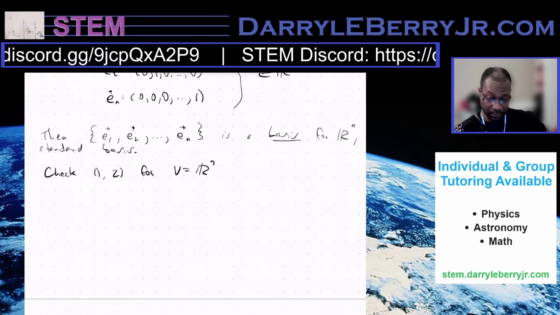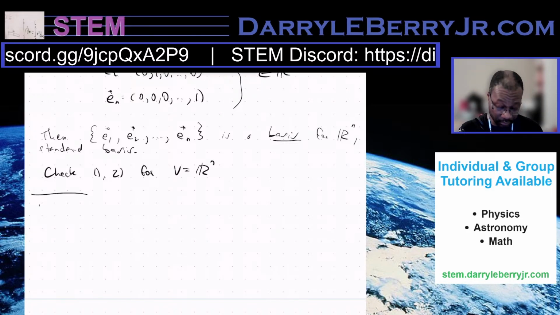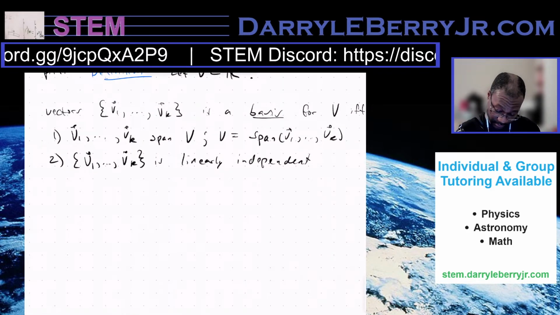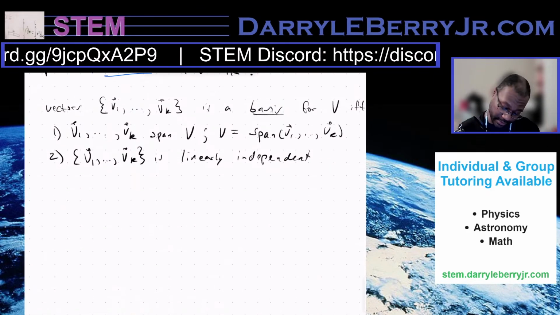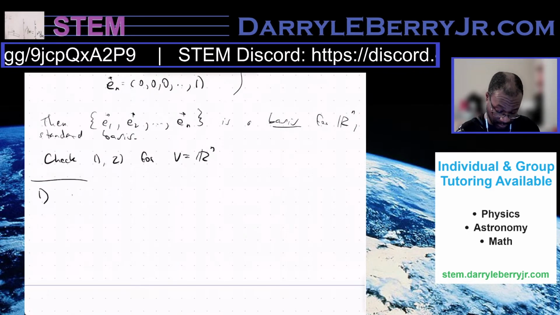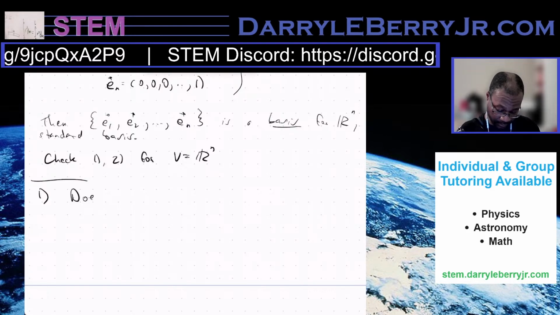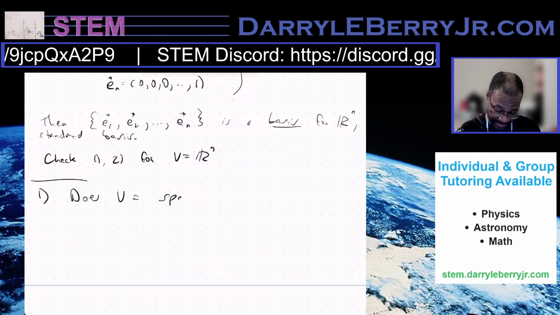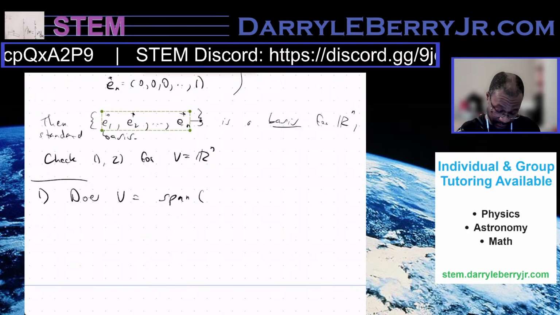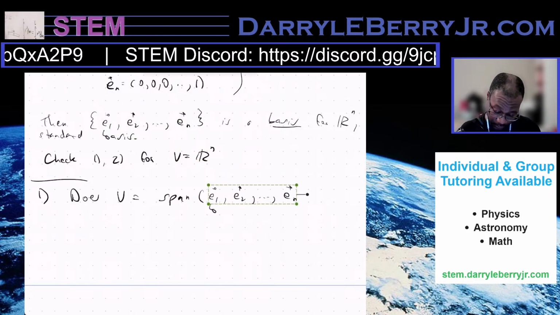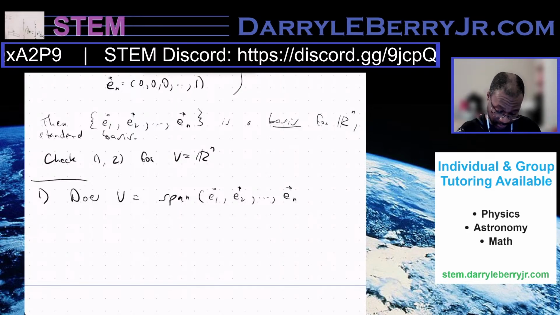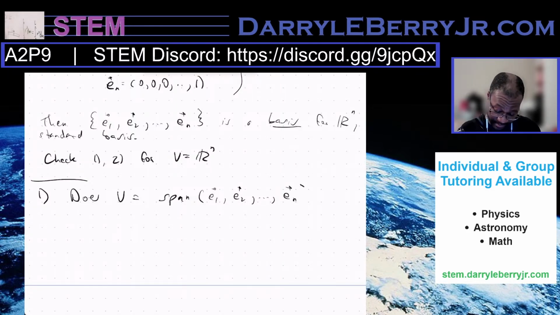All right. So one says that V has to equal the span of these vectors. So does V equal the span of this set of vectors? Again, we're checking to confirm a basis.